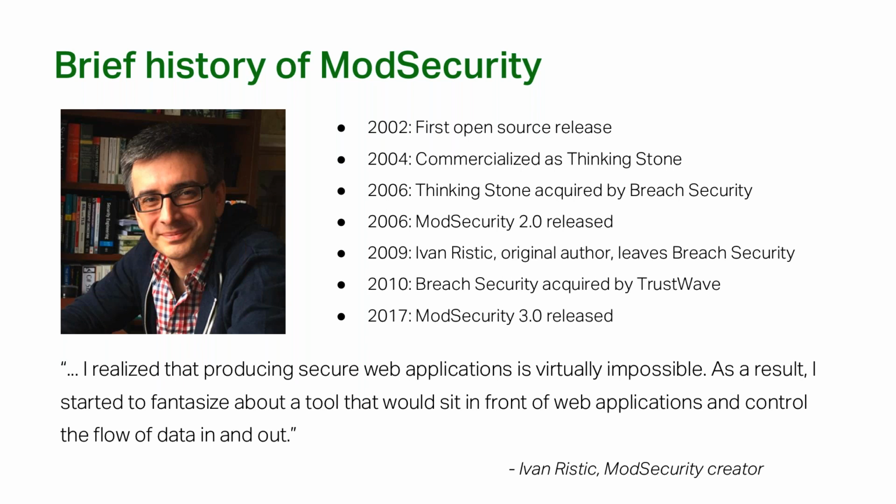It was developed by an engineer called Ivan Ristic, who made the pragmatic observation that to fully secure a web application was a fruitless and impossible task, by inspecting and ensuring the code was 100% solid.